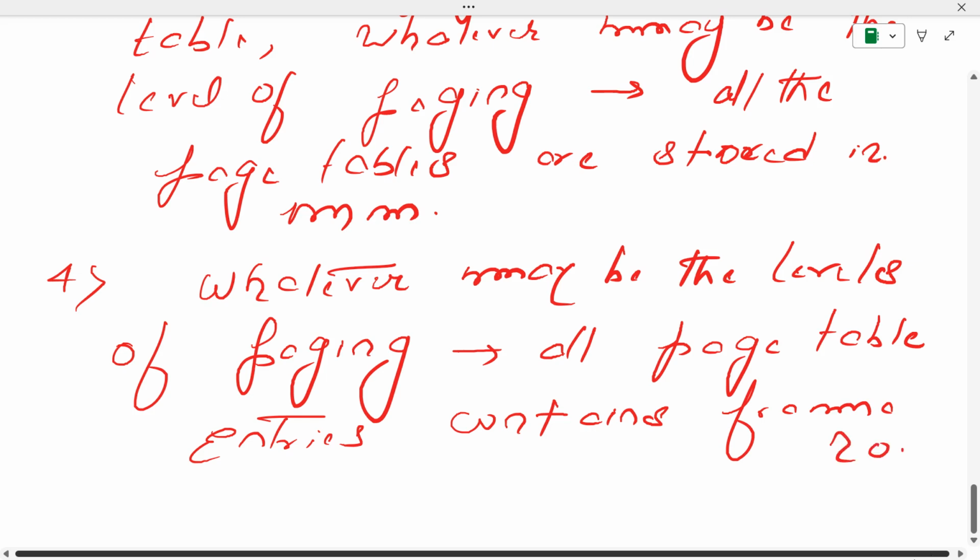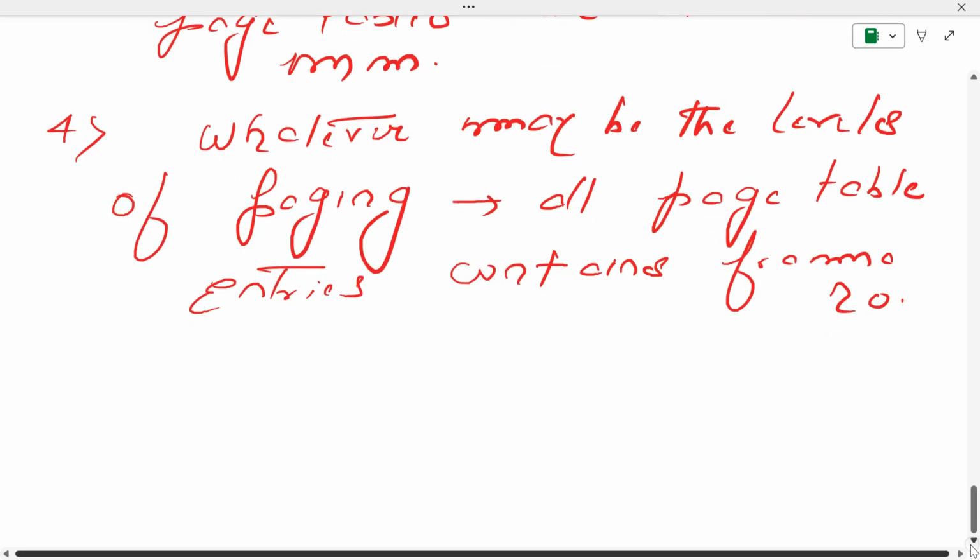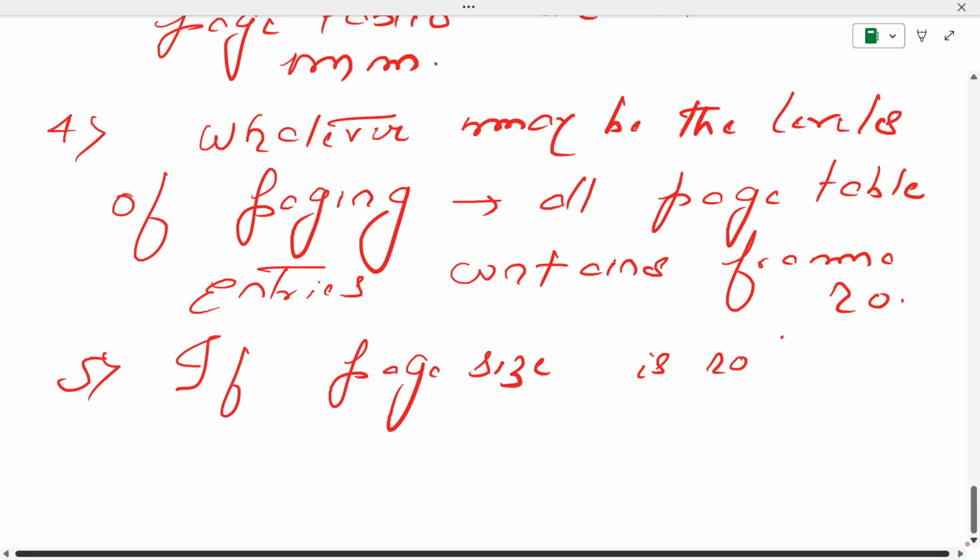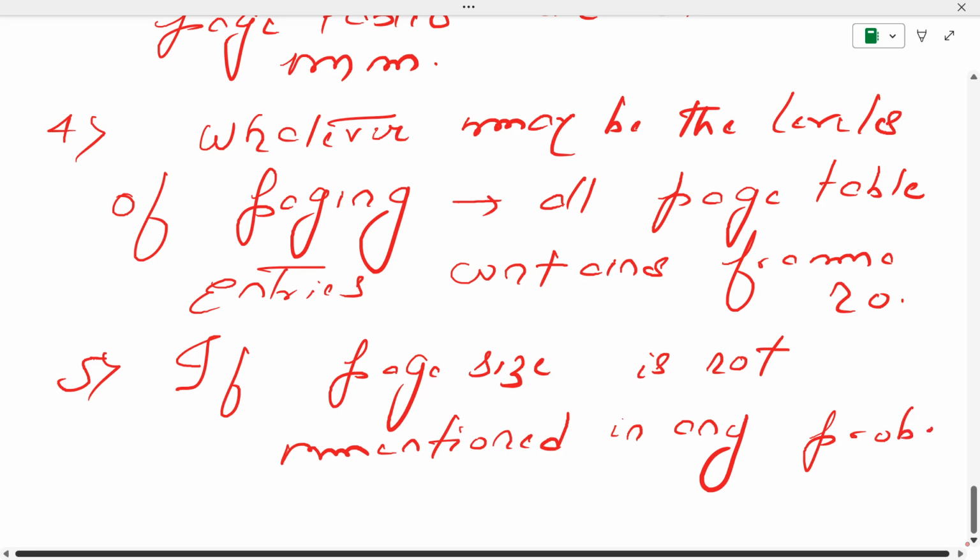Okay. If page size is not mentioned in any problem, then page size will be the same in all places or in all levels.